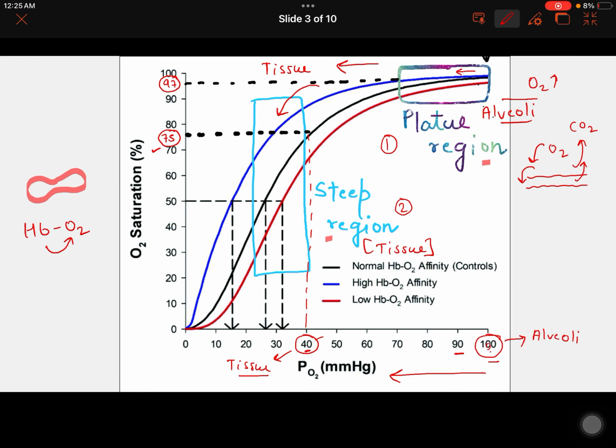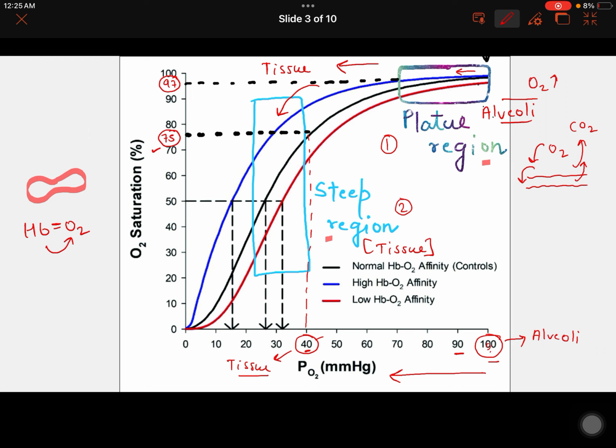Now, because your muscles or tissues need more oxygen, how should the affinity of hemoglobin for oxygen be? Should the bond between hemoglobin and oxygen be a loose bond or a very tight bond? It should be a loose bond because we need to send this oxygen to the tissues, right?